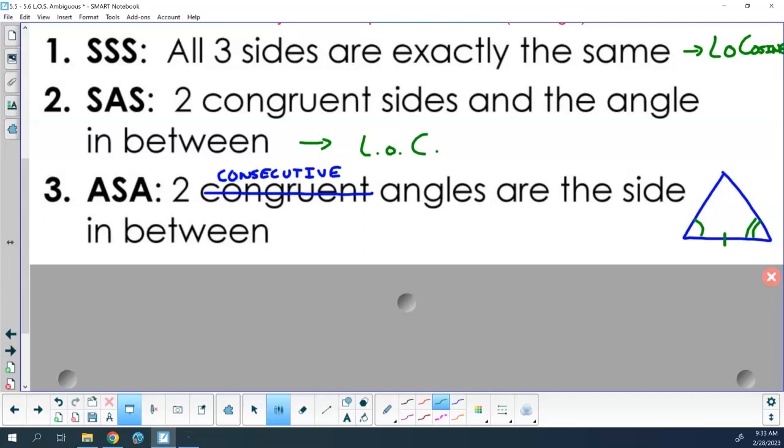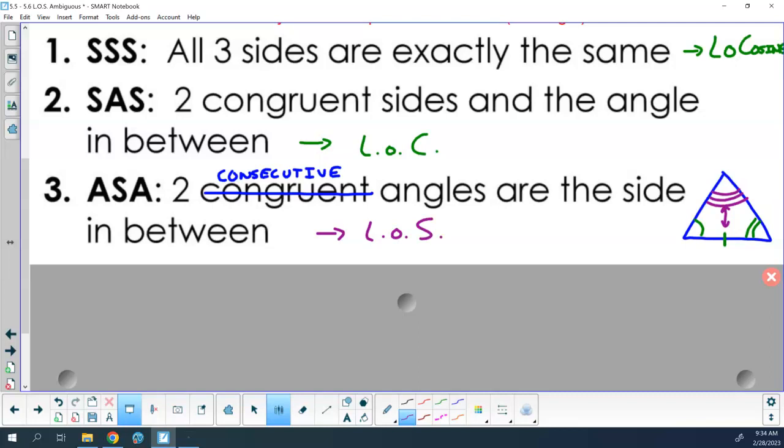That's a law of sines case because the 3 angles of a triangle add up to be how much? 180. So you know this angle then too. And now you've got your complete pair.